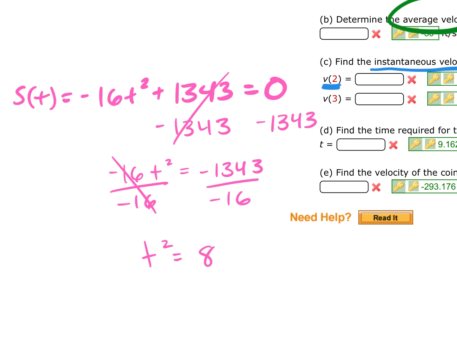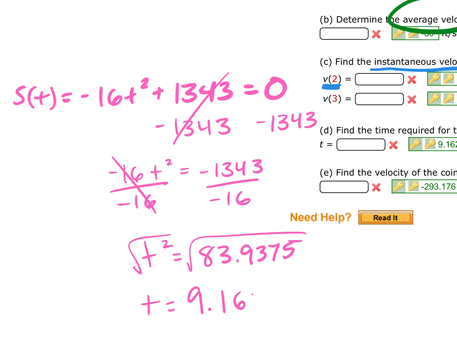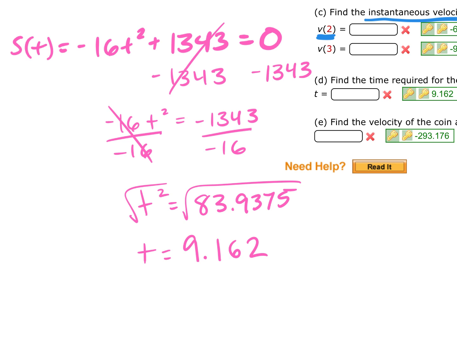We get 83.9375, and then take the square root. So 9.162 here. So this would be when our coin hits the ground, when your position is 0.